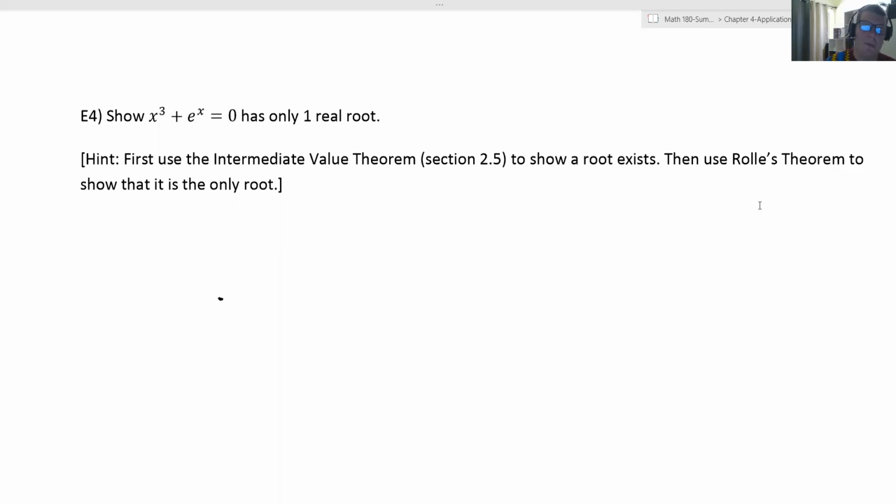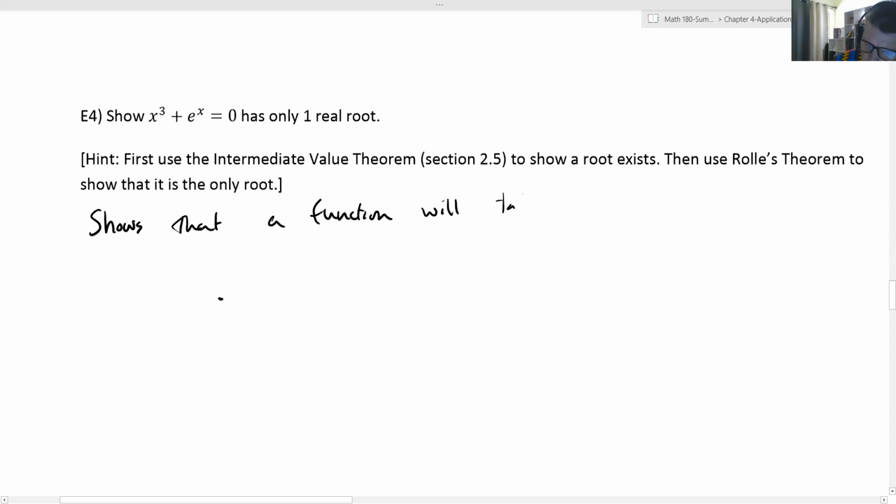If you remember the intermediate value theorem, it shows that a function will take a particular value on an interval given continuity.